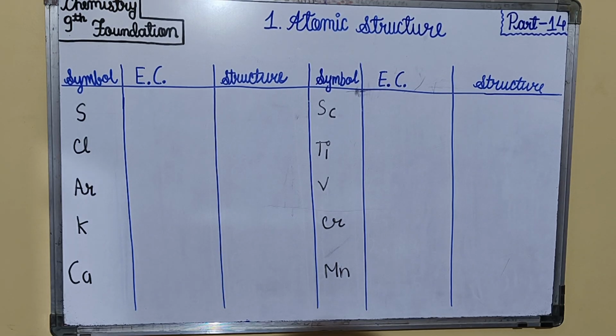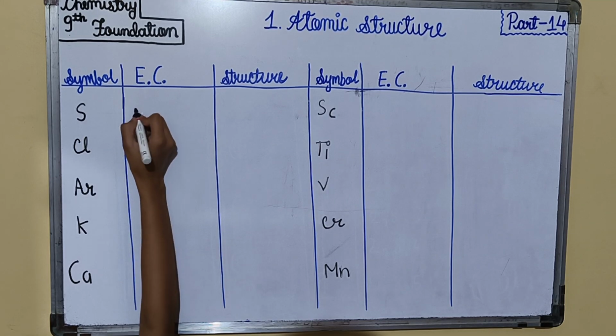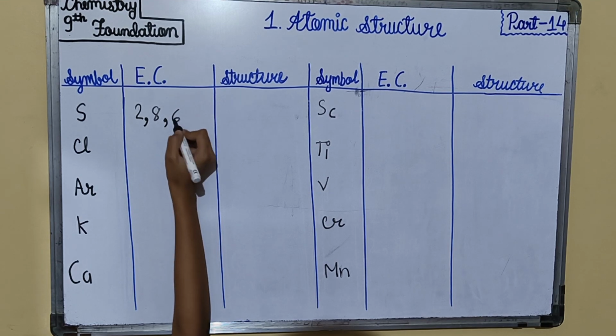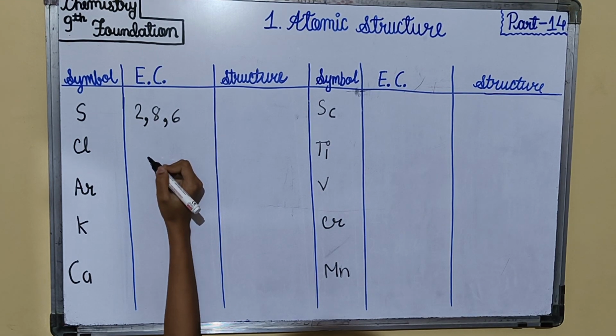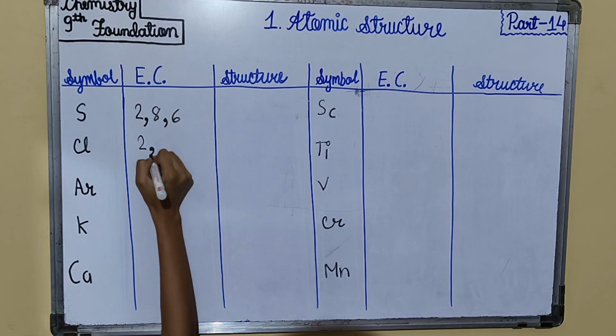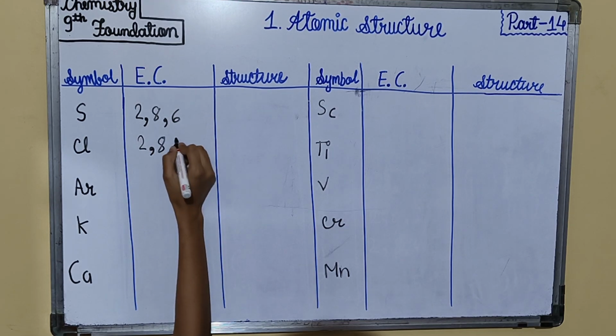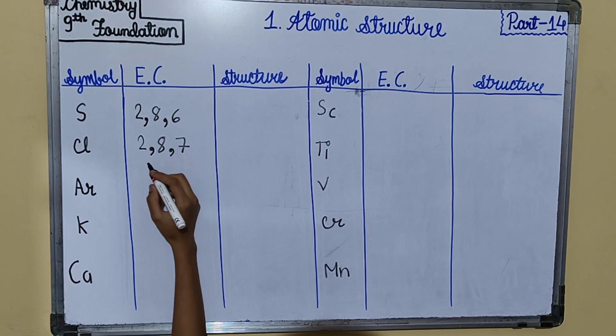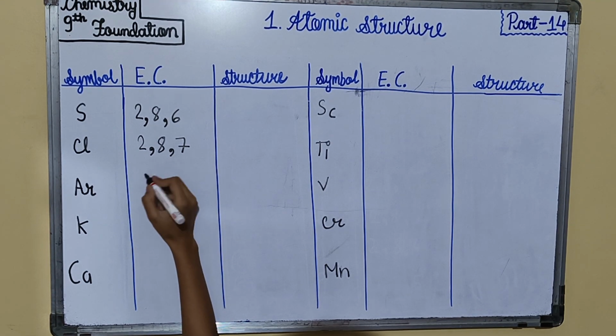The electronic configuration of sulfur is 2, 8, 6. Electronic configuration of chlorine is 2, 8, 7. Electronic configuration of argon is 2, 8, 8.